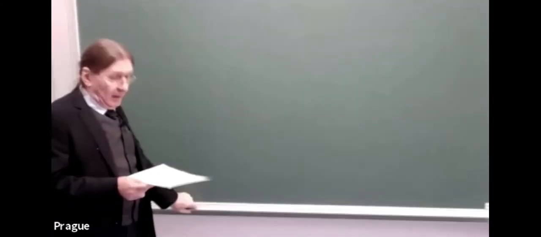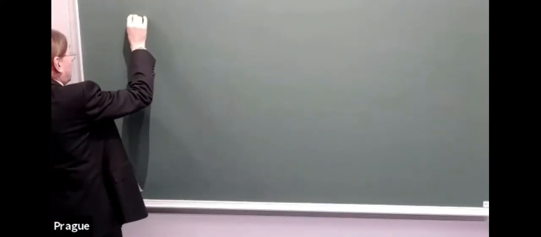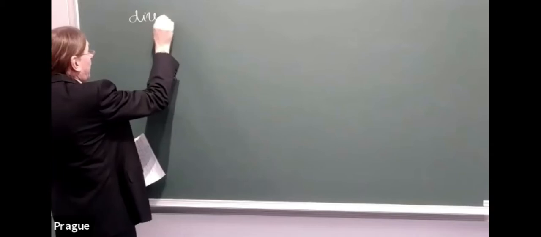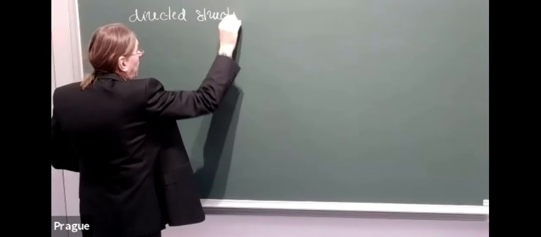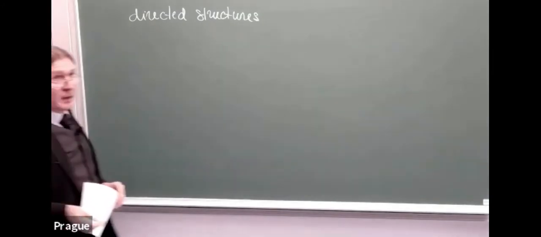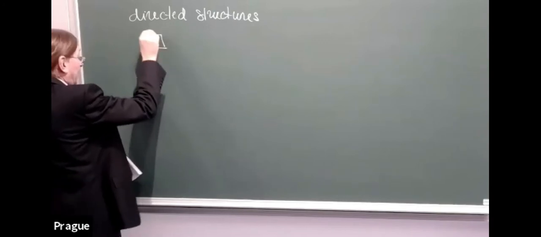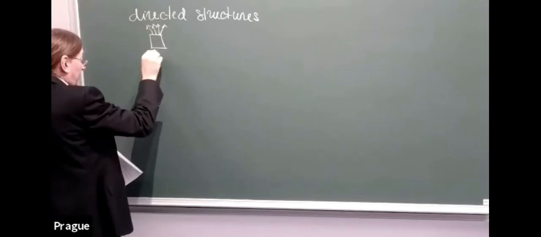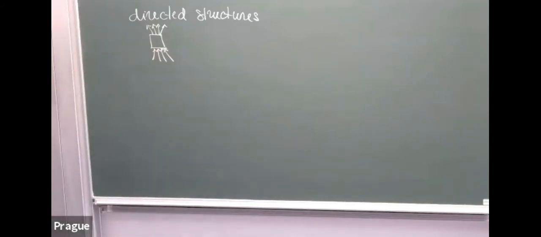So let me draw a table of operad-like structures. Let me call the first column directed structures. These are structures where I may distinguish between inputs and outputs, so I know what the outputs are and what the inputs are. I always draw my pictures from bottom up.